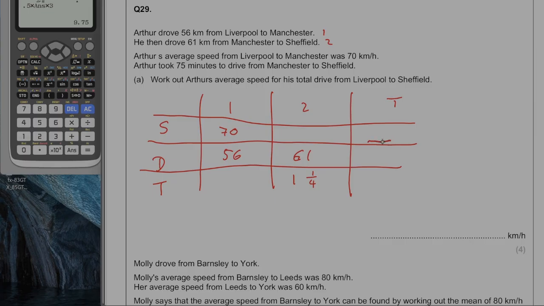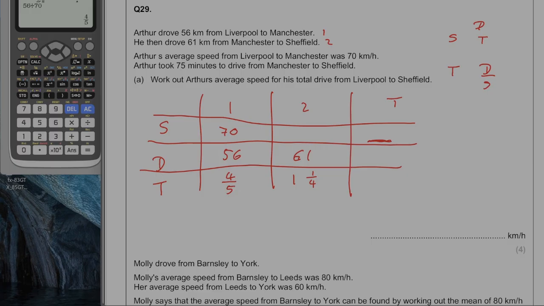Right, so work out Arthur's average speed from Liverpool to Sheffield. This is our goal. So we need to work out the time that it took Arthur. If speed is equal to distance divided by time, then time is equal to distance divided by speed. So 56 divided by 70 gives us 3/4 of an hour.